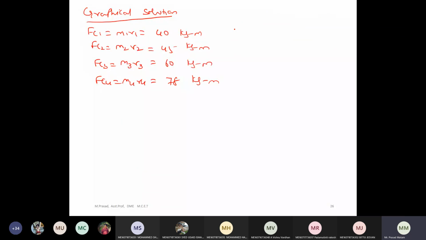So now let us see how the angles are given. Theta 1 is 0, theta 2 is 45. Again, between 2 and 3, the angle is 75. That is, theta 3 is equal to 45 plus 70, 125.